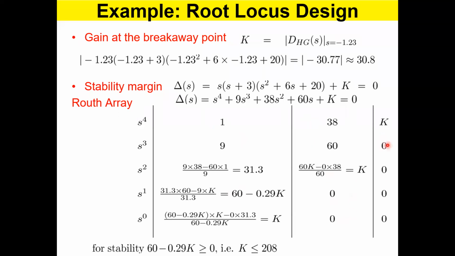First column, second column, third column, and so on. You get the coefficients of the polynomial, that is 1, 9, 38, 60, and k. And you write it in this order: 1, 38, k in the first row, and 9, 60, 0 in the second row.